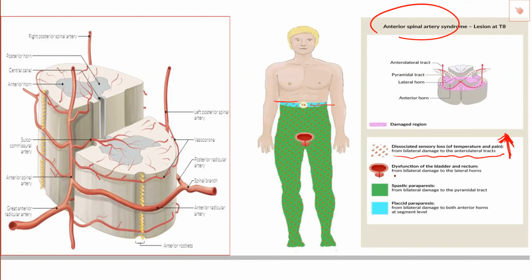We will find also dysfunction of the bladder and rectum from bilateral damage of lateral horn cells of the sympathetic nervous system.